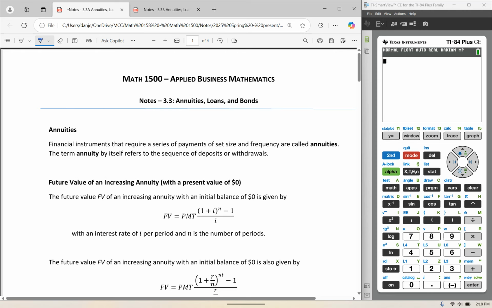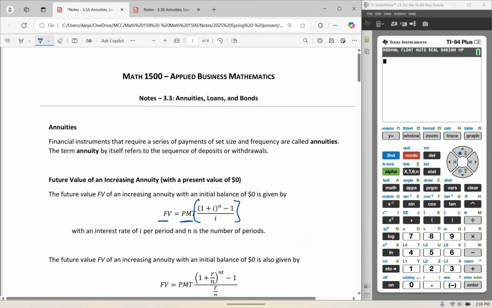More commonly, I invest $100 a week or $100 a month, and it goes in each month over time. So we have a slightly different formula here, where the future value is equal to the payment that we make times this fraction, (1 plus i) to the n minus 1 over i, where i is the interest rate.